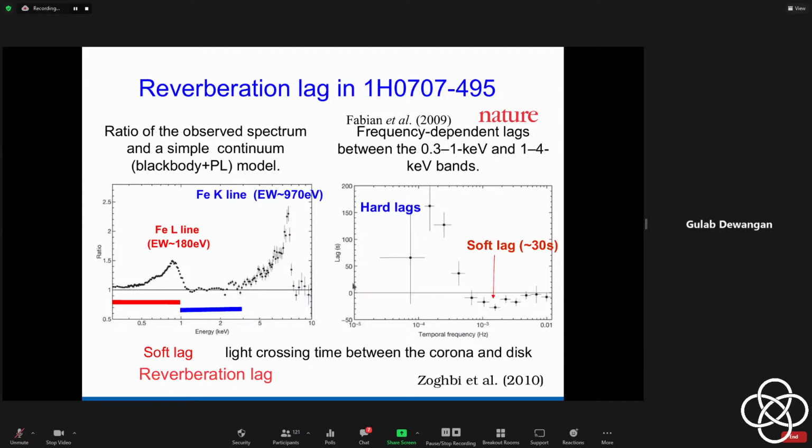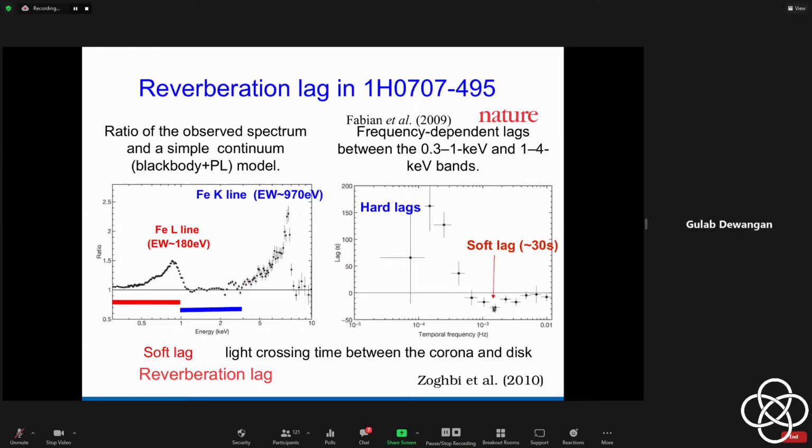So using a technique, one can measure this lag as a function of temporal frequency. This temporal frequency is essentially one over time. This is the lag between the continuum and the line as a function of temporal frequency, and at some frequency just above 10 to the minus 3 hertz, here you see there is a lag, where this negative lag essentially means that the reflection component is delayed compared to the primary emission.